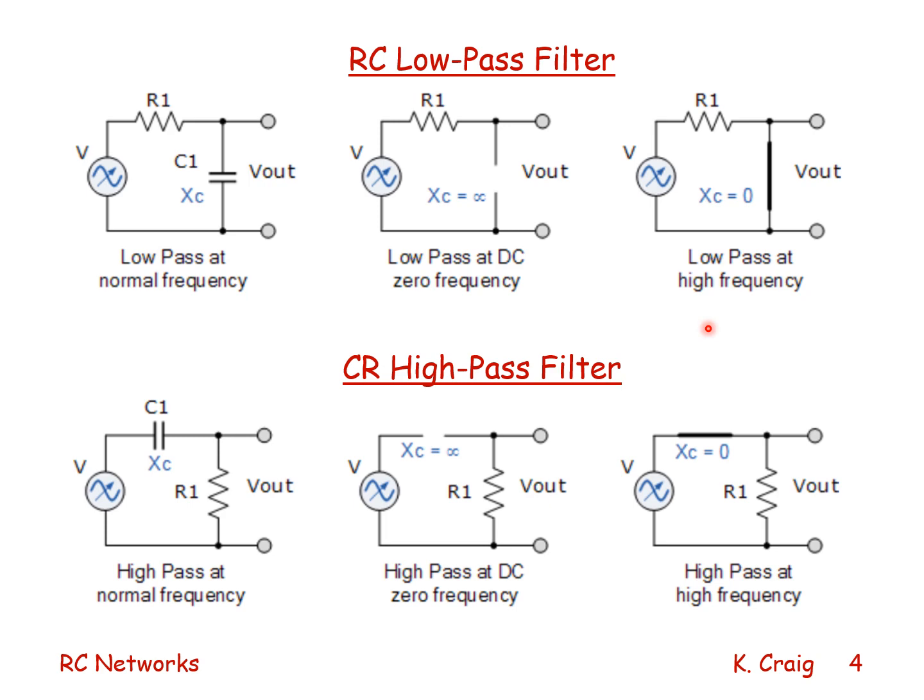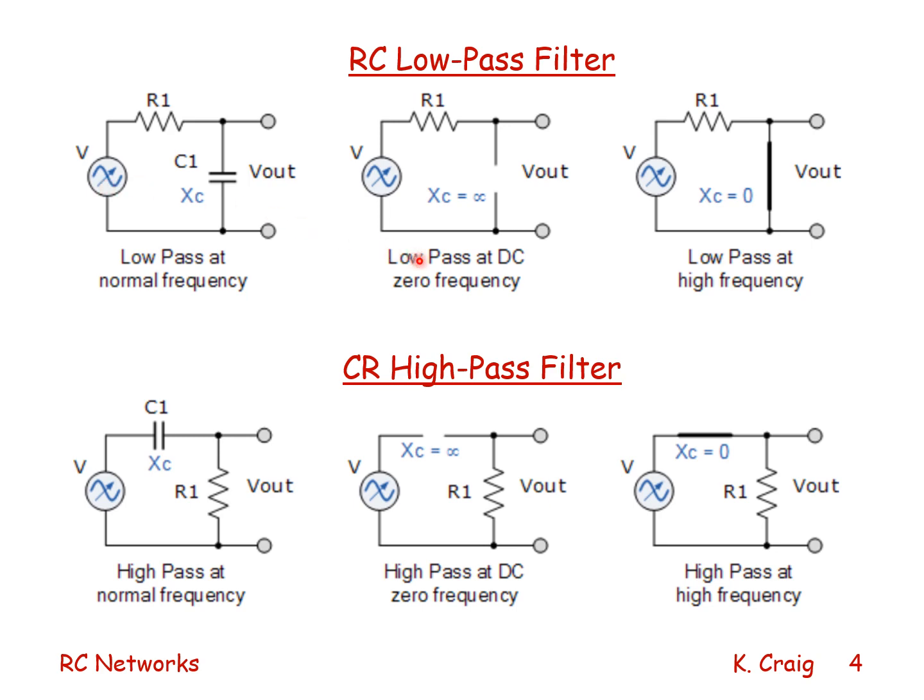Here we see two sets of diagrams. For the resistor capacitor low pass filter, we see the circuit as it behaves at normal frequency. The resistor, the capacitor, the alternating voltage source, the sine wave voltage source.